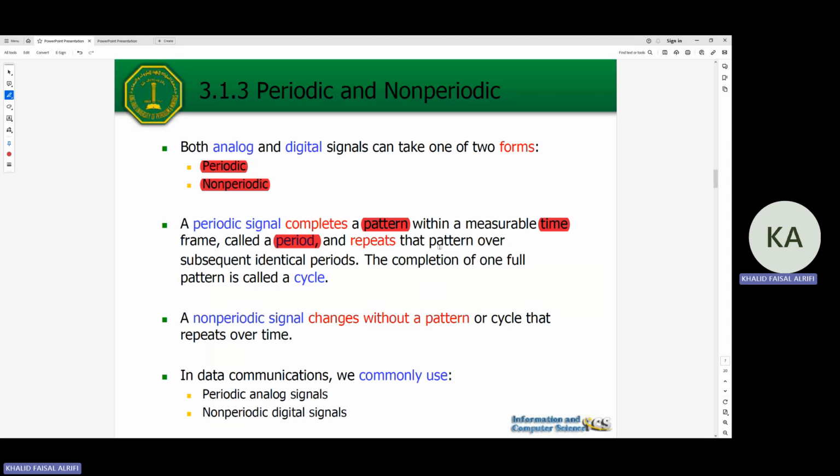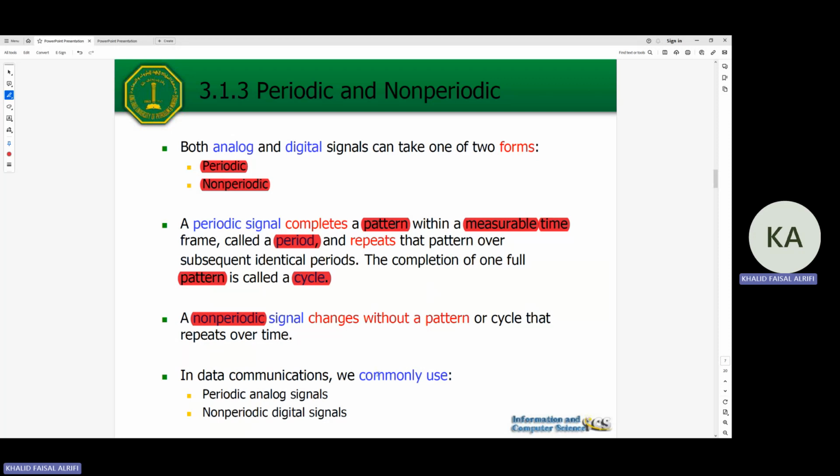The completion of one full pattern is called a cycle. Non-periodic signals change without a pattern, so you cannot predict them. You can't have something constant that repeats over time.